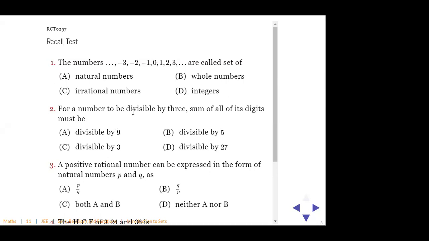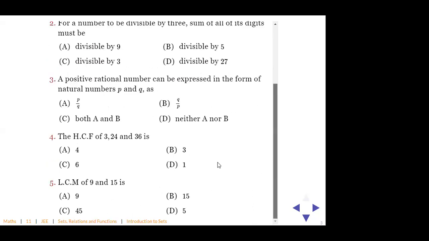For a number to be divisible by 3, the sum of all its digits must be. These are very simple questions, right? We have studied till class 9th only. Yes, C, divisible by 3. Correct. Third one: a positive rational number can be expressed in the form of P and Q as.